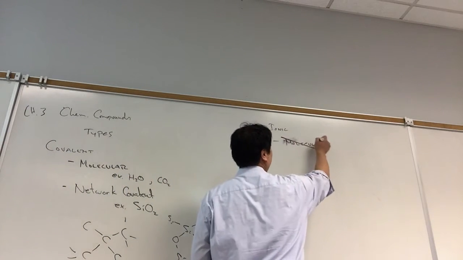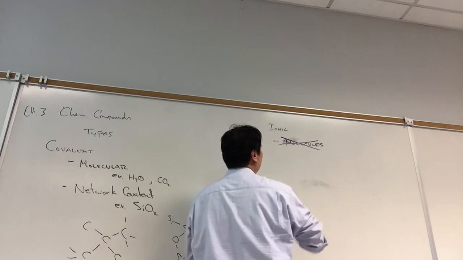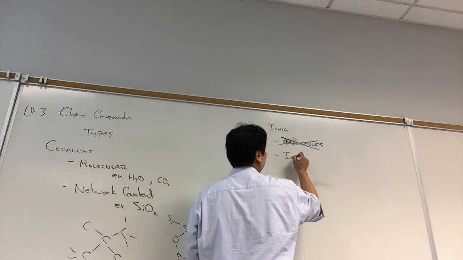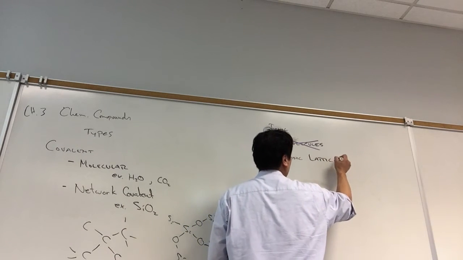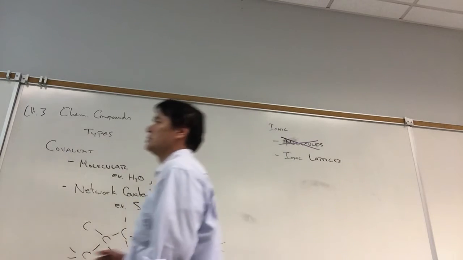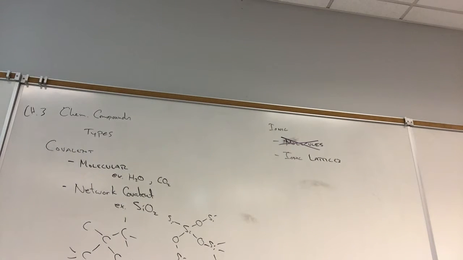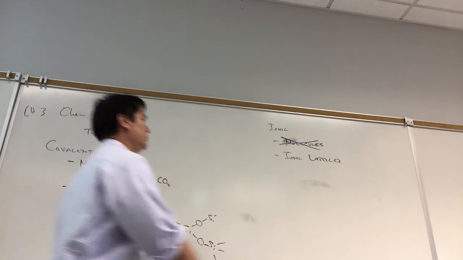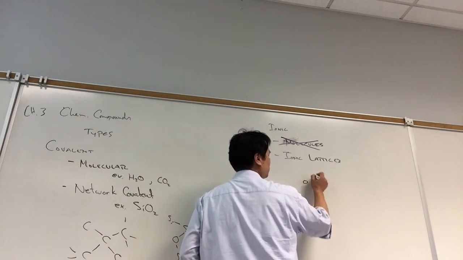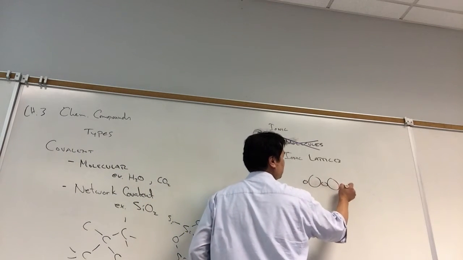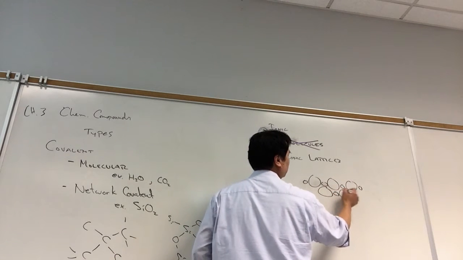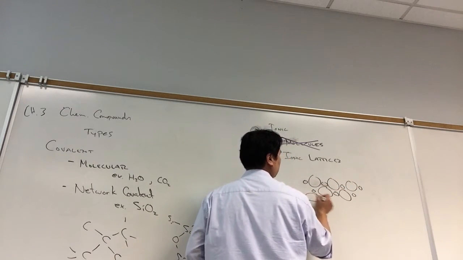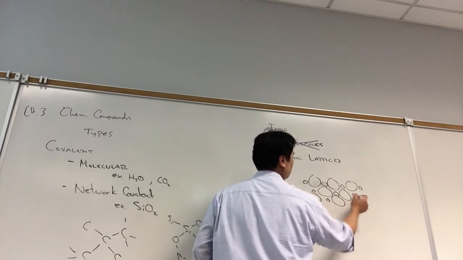Ionic compounds don't form molecules, they form ionic lattices. If we were to look inside this crystal at the individual ions, we'd see an ionic lattice, sodium chloride, sodium chloride, sodium chloride, like this, and they're all just stuck together in a lattice.